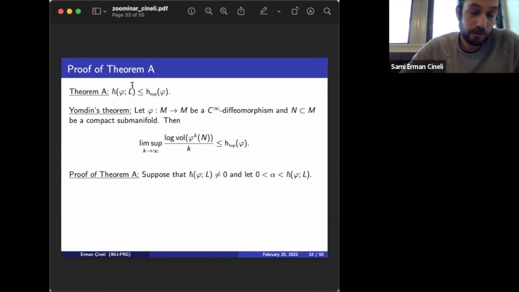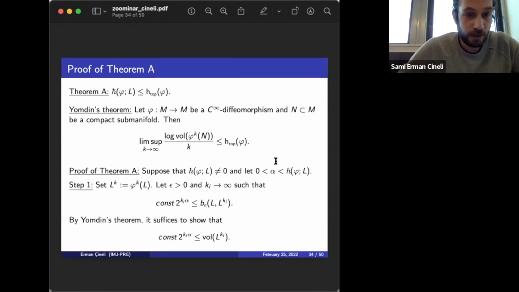Suppose that this barcode entropy is non-zero, otherwise there's nothing to prove. And let's take a number alpha between 0 and the barcode entropy. For simplicity, instead of phi to the k, I'll write L to the k.